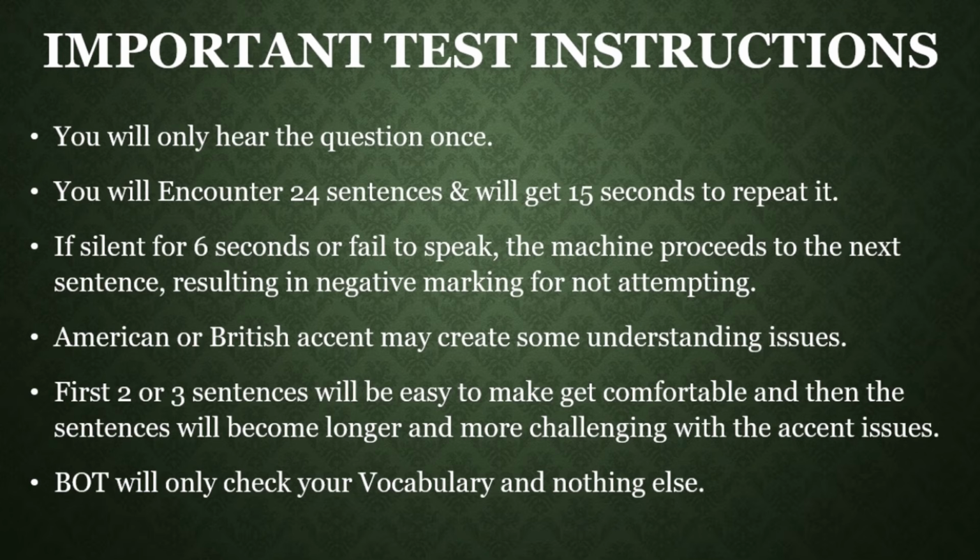American or British accent may create some understanding issues. And yes, सारे upcoming sections में यही होने वाला है. First 2 or 3 sentences will be very easy to make you get comfortable, and then the sentences will become longer and more challenging with the accent issues. जब test attempt करोगे, you will yourself get to know what I'm referring to.